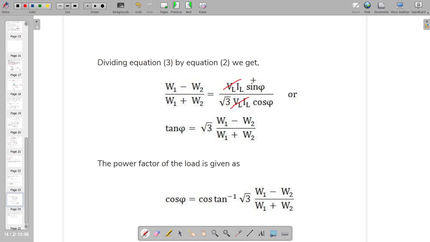From this, sin by cos, that is tan phi, we can write as root 3 into W1 minus W2 upon W1 plus W2. So the power factor of the load is given as cos phi is equal to cos of tan inverse of root 3 into W1 minus W2 upon W1 plus W2. So this is the power factor.